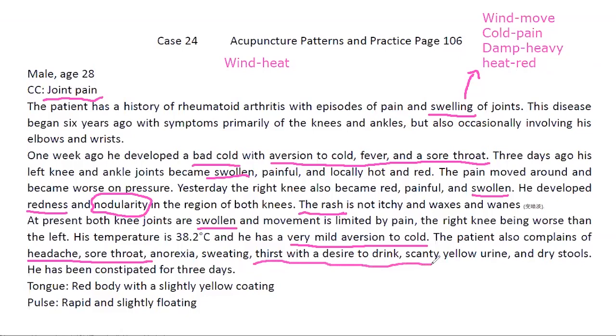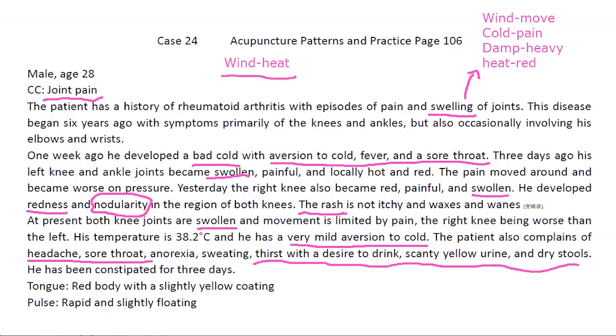Yeah, it is heat, and the heat is consuming body fluid. So basically, in this case, we're talking about external wind heat. That's our pattern here.